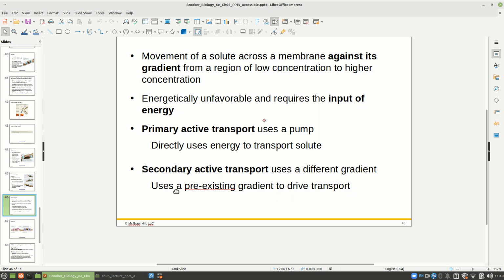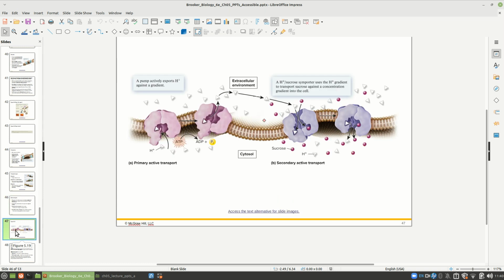It's a natural chemical reaction. And you can use that if you put certain things into the membrane that will let that happen. And so this is a secondary active transport where you use a gradient, or that you pump against a gradient. So you need to understand this term gradient to understand the secondary active transport.